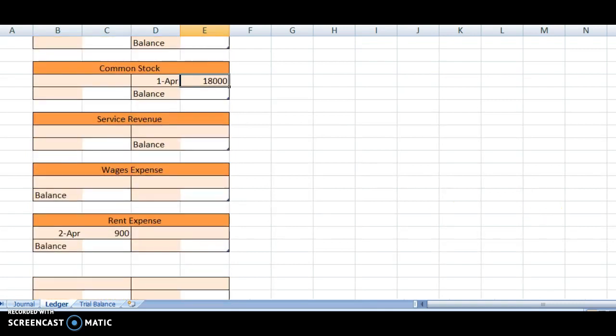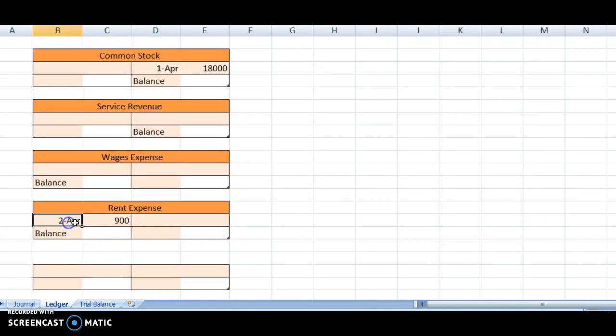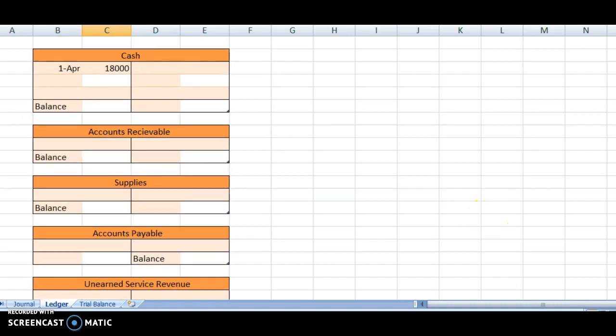So we go down to rent expense debited $900 in cash, credited the $900.